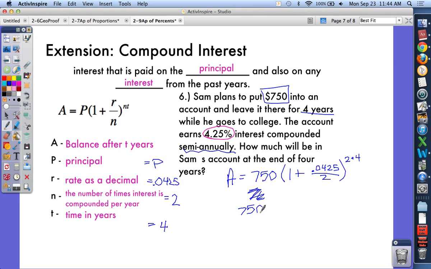While you're doing that, I'm going to keep showing my work here. And you should end up with $887.40. I personally would divide this first on your calculator, then add 1, then raise it to the 8th exponent, then multiply it by 750.